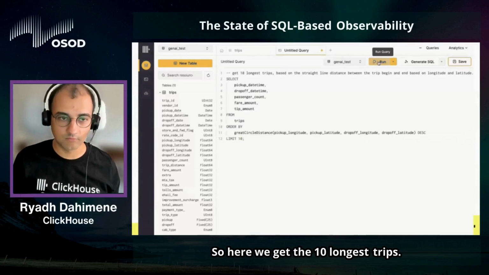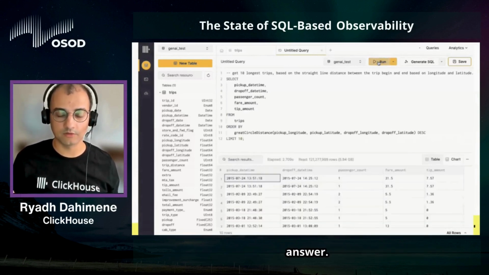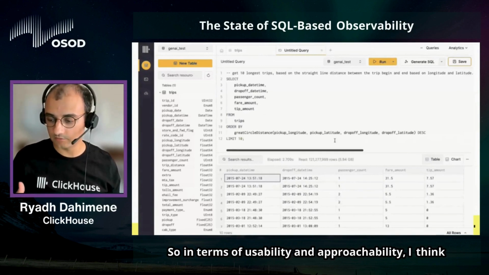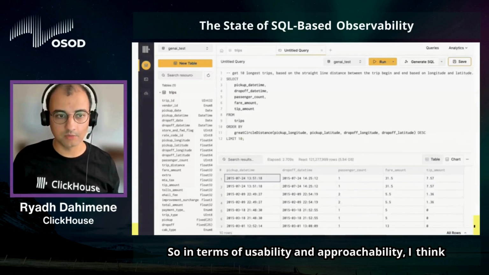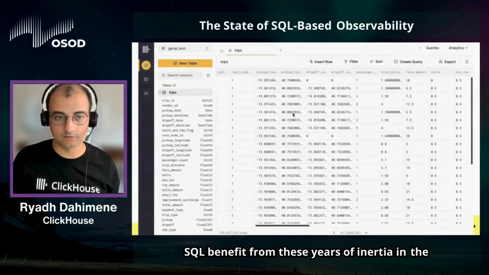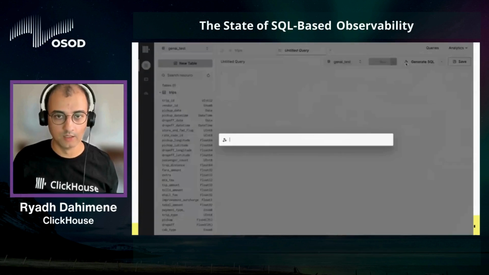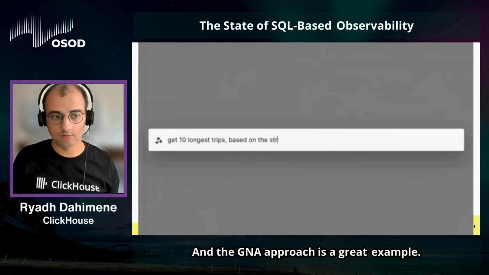So here we get the 10 longest trips. You can run it straight away and you have your answer. So in terms of usability and approachability, I think SQL benefits from these years of inertia in the market and documentation available. And the GenAI approach is a great example.